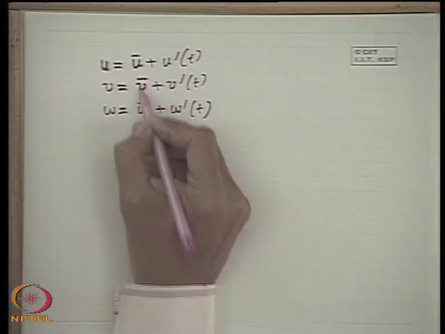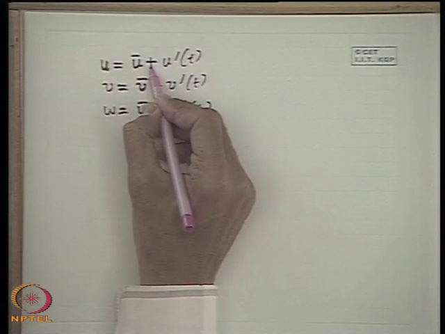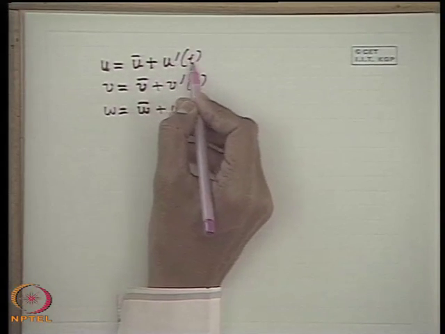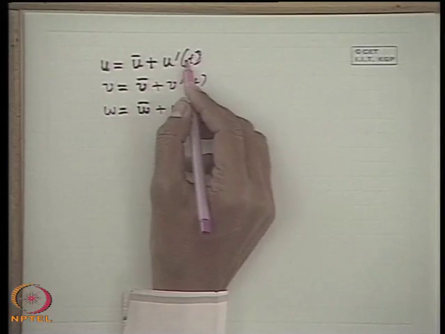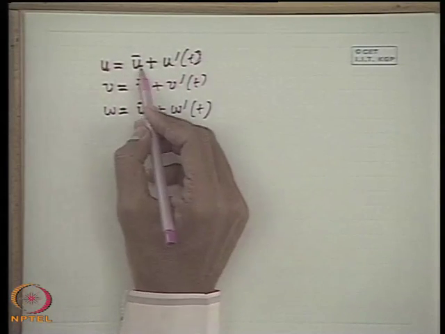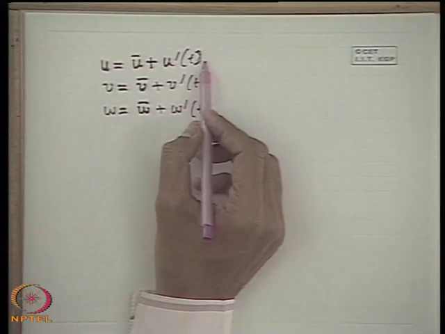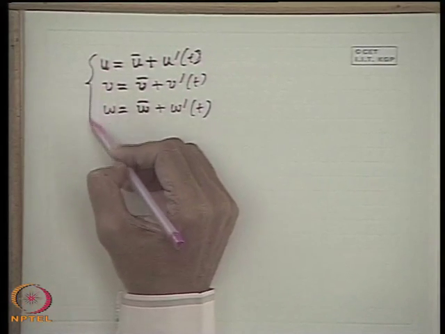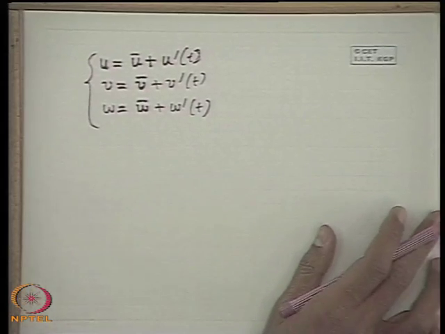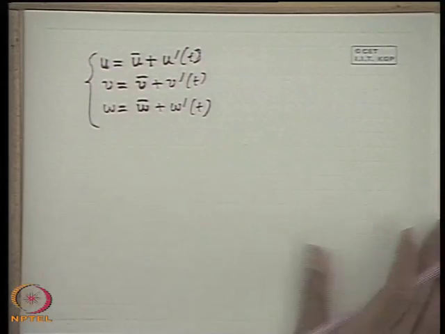So, for a steady turbulent flow, the mean quantities are independent of time, but on them there are superimpositions of fluctuating components, which are erratic or random fluctuations over the mean, whose mean over a time period which includes many fluctuations is 0. So, this is the typical expression of the velocity fields in general in 3-dimensional coordinates for a turbulent flow.